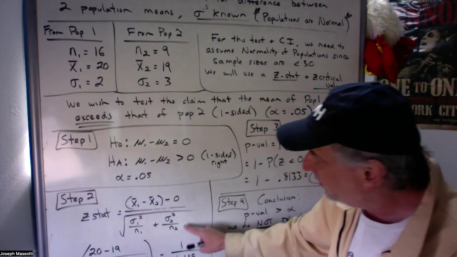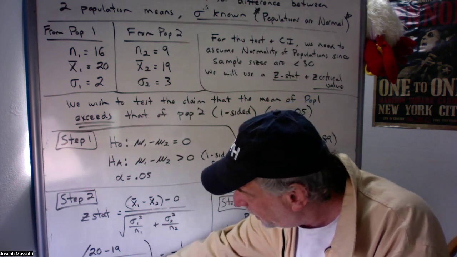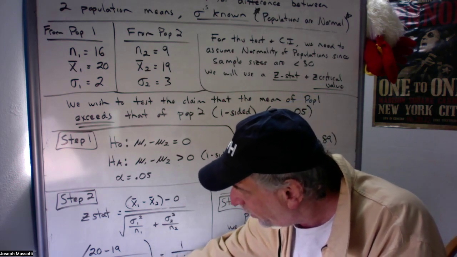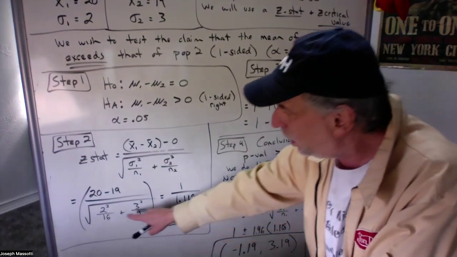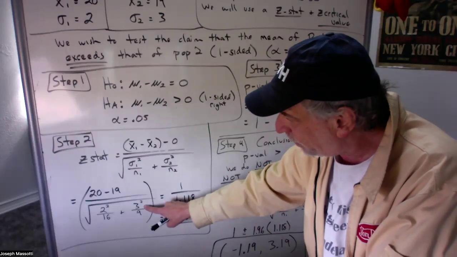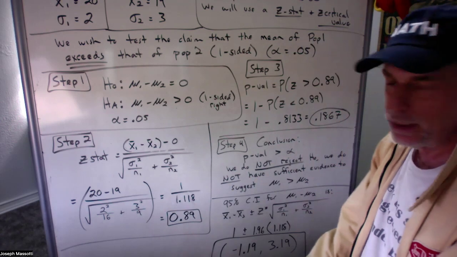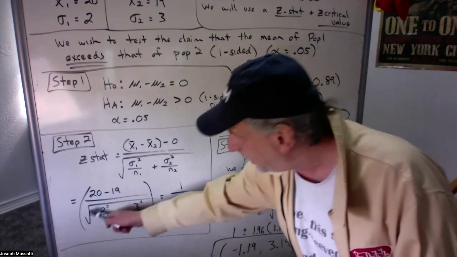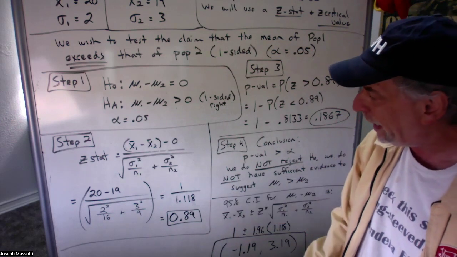And we calculate this value here: the square root of the first population standard deviation squared over the first sample size, and the second population standard deviation squared over the sample size from the second population. If you calculate the square root of that sum, you get something close to 1.118.